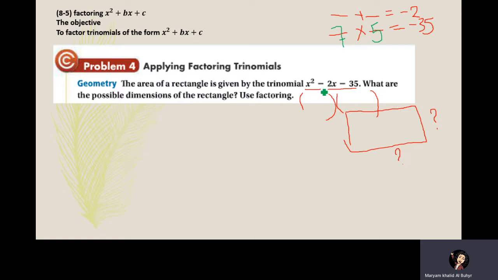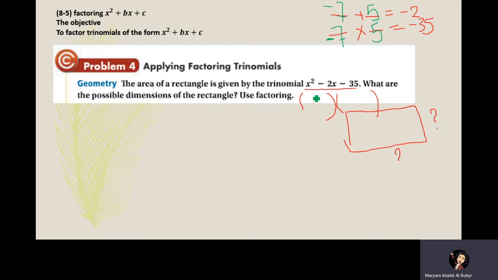Since I have -2 in the middle, I should put the negative with the bigger number, which is 7. So -7 times 5 equals -35, and -7 plus 5 is -2.